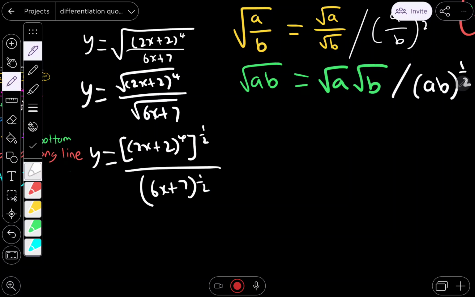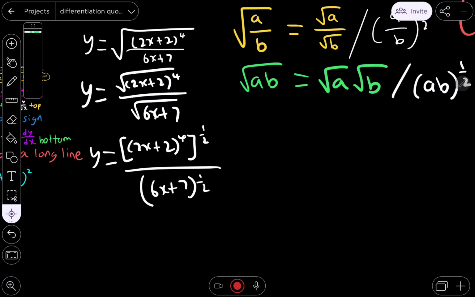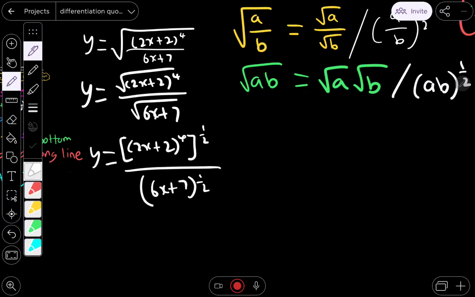You might wonder, why did I write a square bracket here? It is because I already have a round bracket here, which is a power 4, and I don't want to confuse myself, so I put a square bracket so I will not get mixed up.